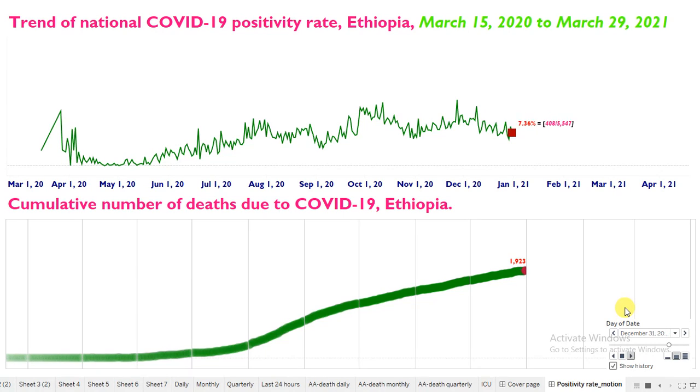So in January, one has to also understand the different events that happened in Ethiopia, like holidays and gatherings. In Ethiopia, holidays are usually accompanied by different marketing exercises and gatherings.